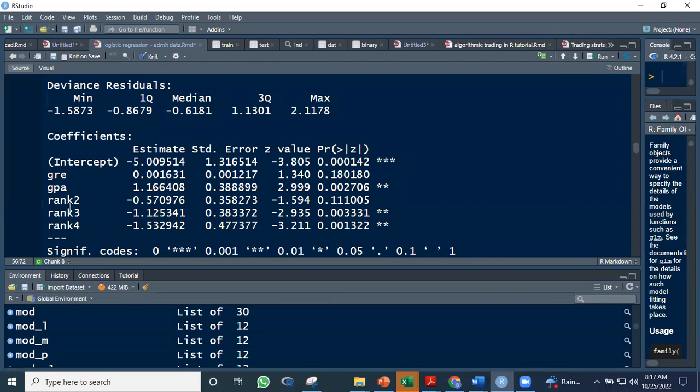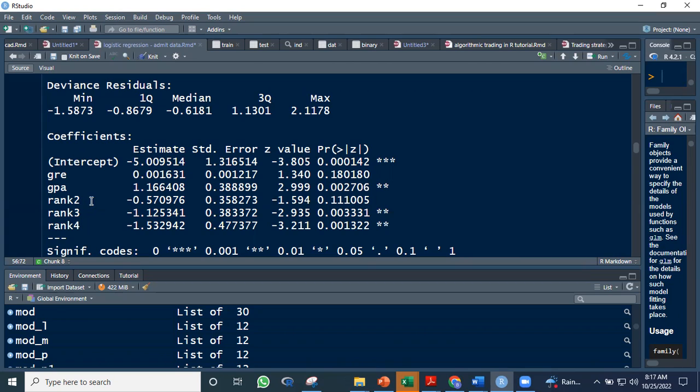Si rank, kahit na even if rank 2 is not significant, we're still going to include this because rank, take note, class, ano ginawa ni R? Automatically dynamify niya to. No? Okay, since there are 4 levels of rank, automatically ginawa niyang rank 1 yung benchmark, then rank 2, rank 3, rank 4 are included. So 3, di ba, K minus 1, 4 levels minus 1, so 3 dummy variables, of which 2 are significant, si rank 2 hindi significant.